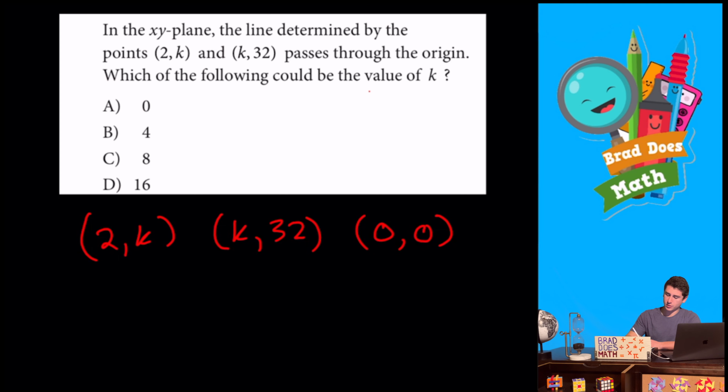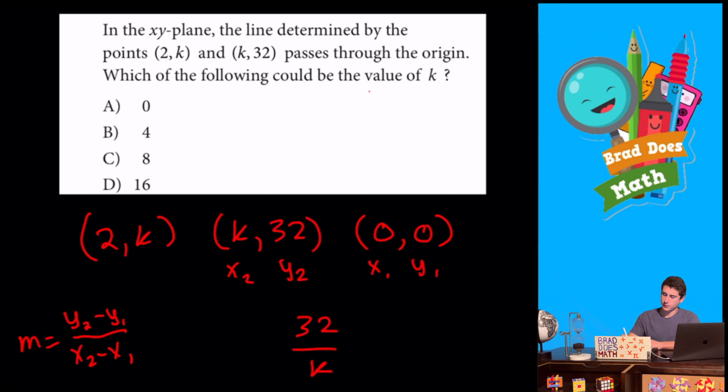So I'm going to say the slope, and remember how we said we subtract our y's and we subtract our x's. So y2, actually I'm going to use this one as my y2. That way I'm sticking with positive numbers. So y2 minus y1 over x2 minus x1. That's going to give me 32 over k for these 2 points.